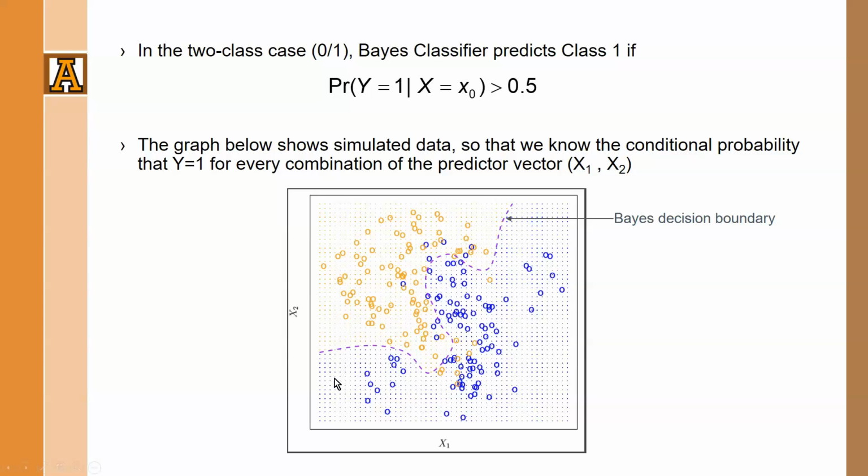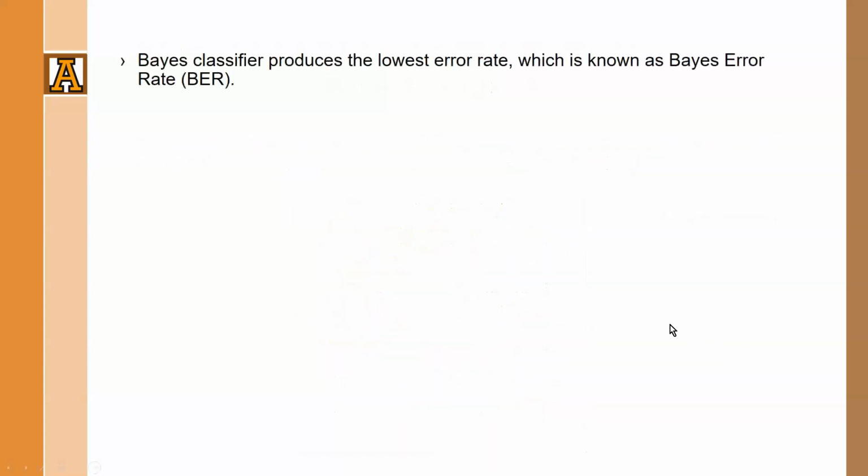The way the curve is produced is we take every possible combination of x1 and x2 and calculate that probability, and the places where it's greater than 0.5, we color yellow, let's say, and the places where it's less than or equal to 0.5, blue. And the boundary that divides those 2 regions will be the Bayes boundary. So that's the optimal boundary.